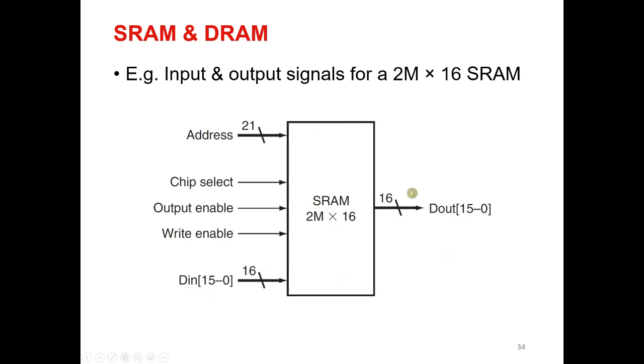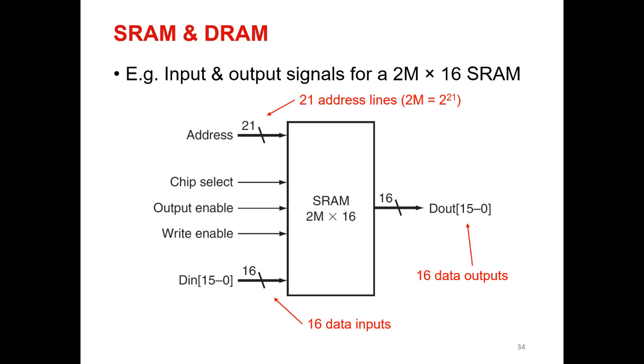don't panic, this is just for completeness. This is just to show how an SRAM looks in a logic circuit. We will have an input here with the address of the SRAM I want to modify. In this case, I have 21 address lines, which give me 2 megas. Then we will have 16 data inputs and 16 data outputs, and with these three control lines, we select what we want to do.